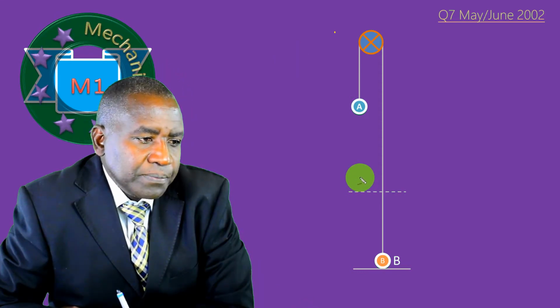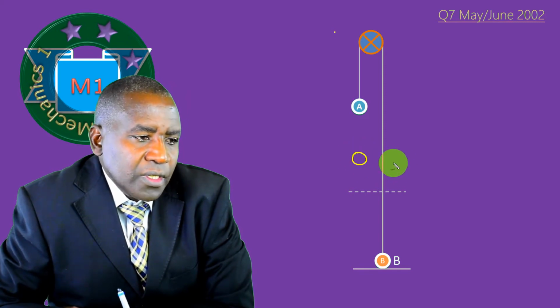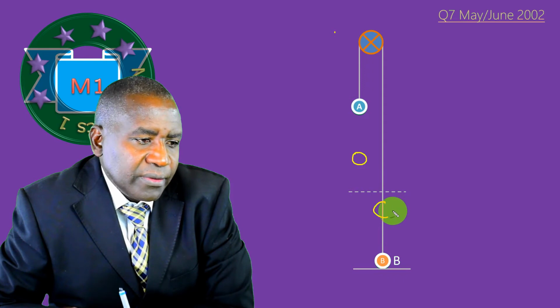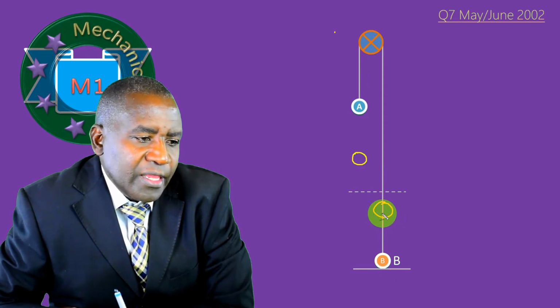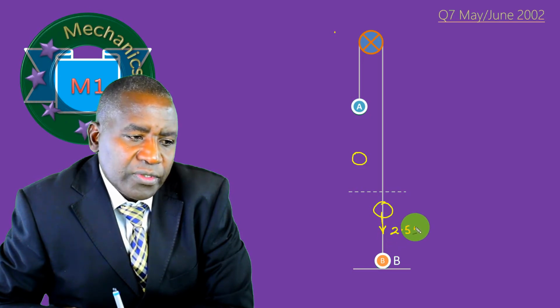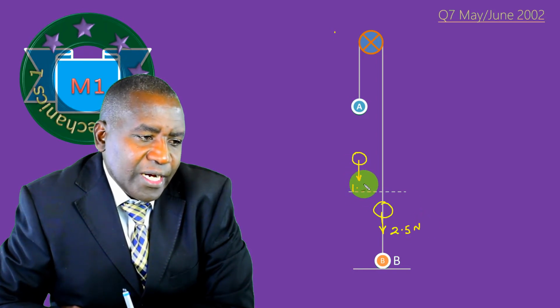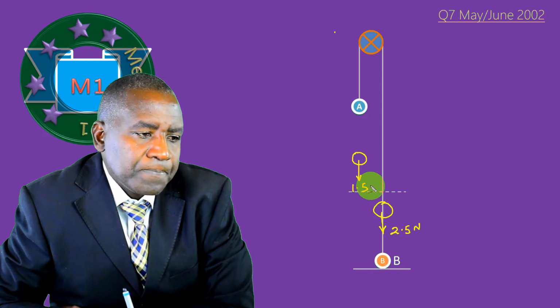Let's assume that A is here now, and B is somewhere around here, and there is a force acting on B, which is its own weight, mg, and that will be 2.5 newtons. The weight of the other one is 1.5 newtons.